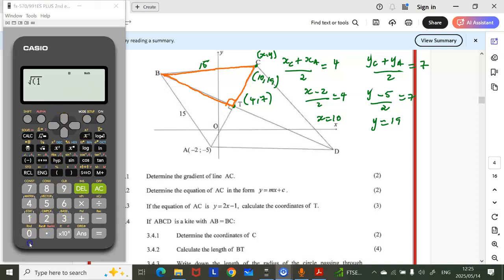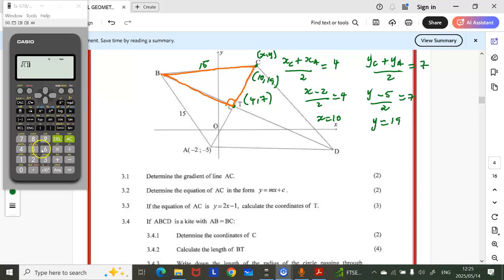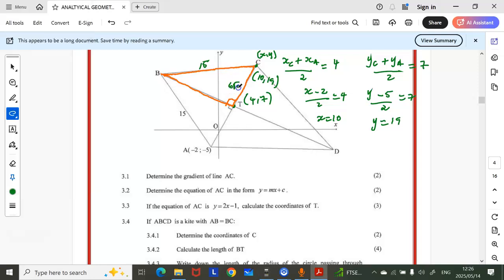Okay, so we are determining the length of TC, right? It will be the square root of open bracket 10 minus 4, close bracket, squared, plus open bracket 19 minus 7, close bracket, squared. And the length will be 6 root 5, right?